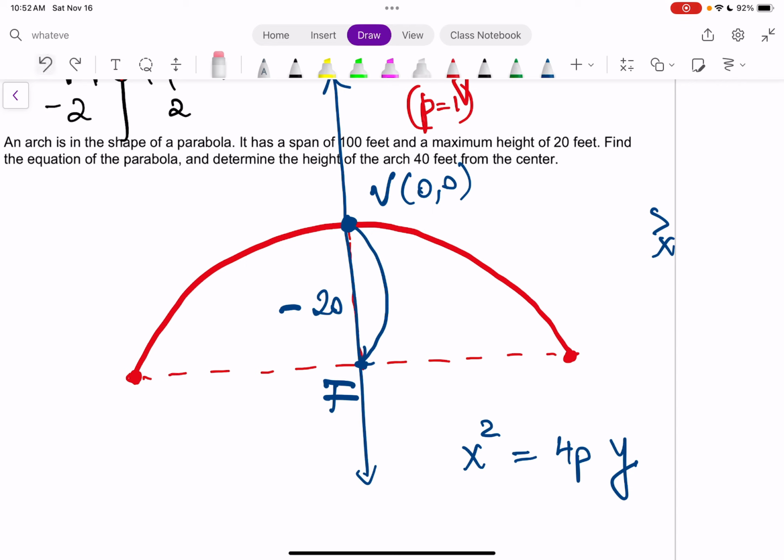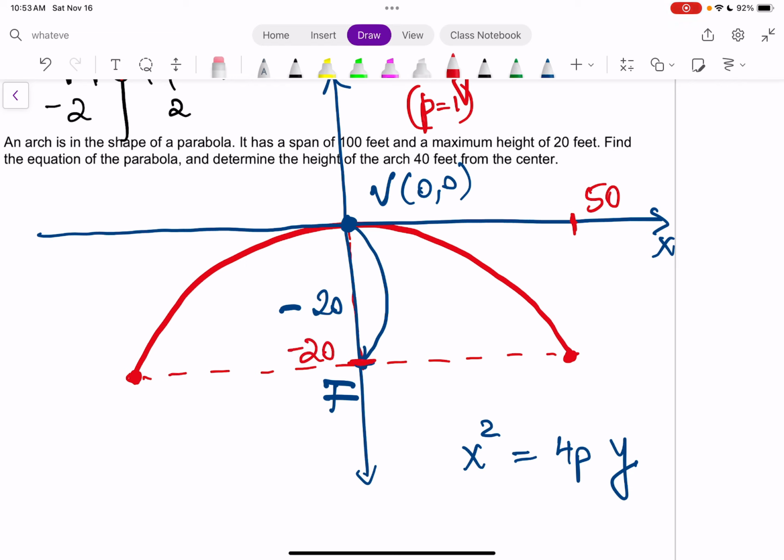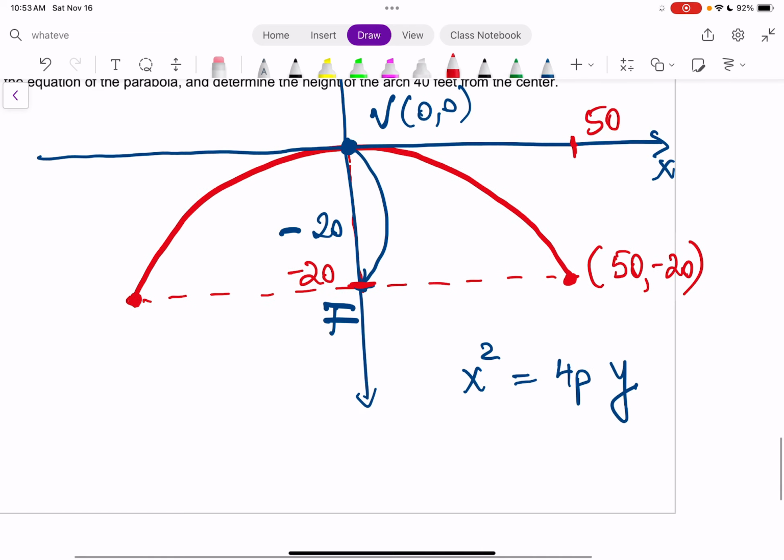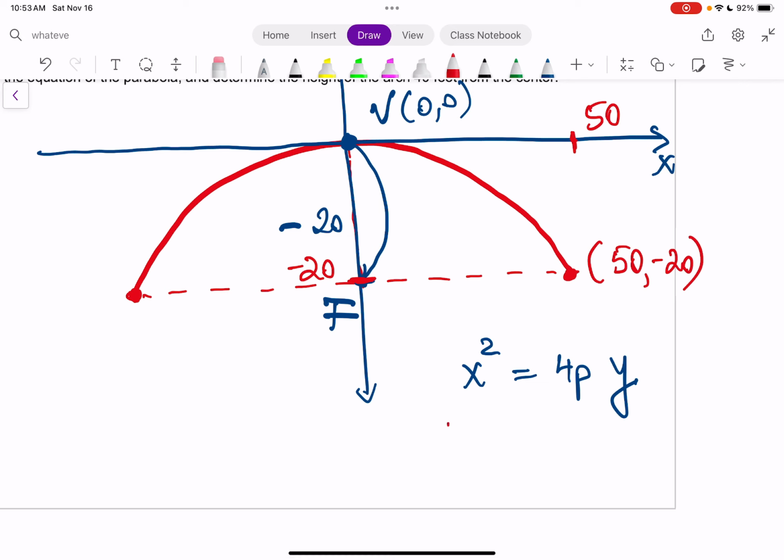Up to here is going to be 50. And down to here is going to be negative 20. So the point of coordinates 50, negative 20 is on this parabola. So in place of x, I'm going to put in a 50. In place of y, I'm going to put a negative 20. And that's going to get me my 4p.